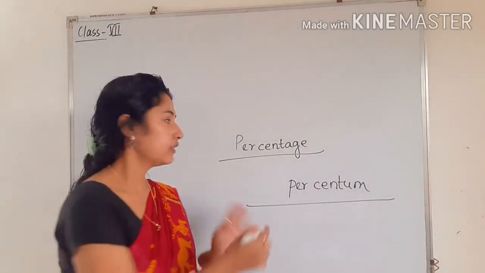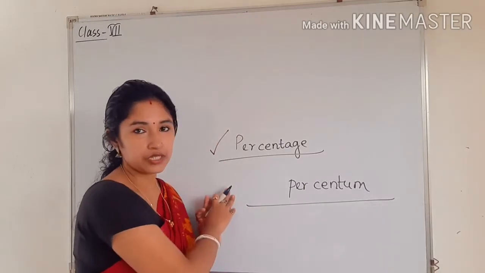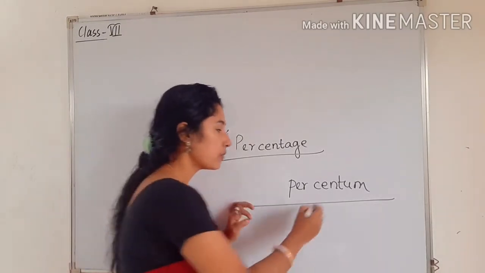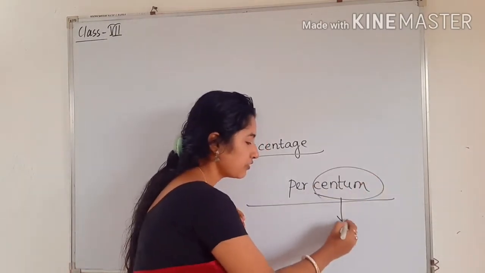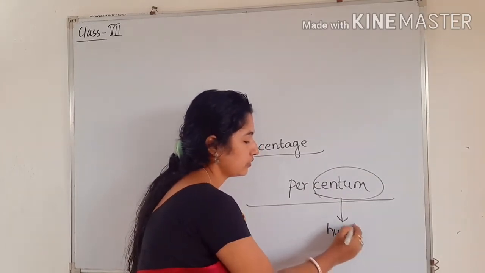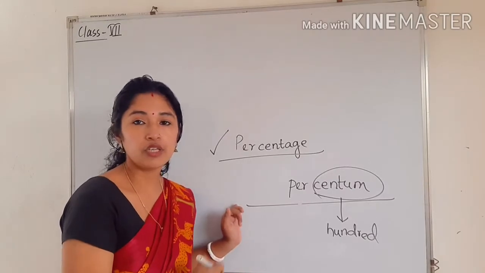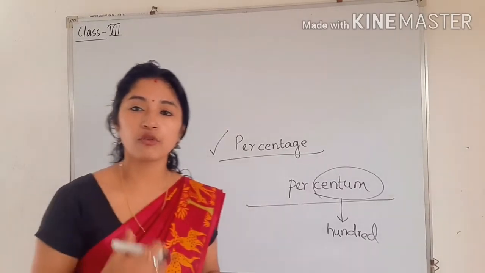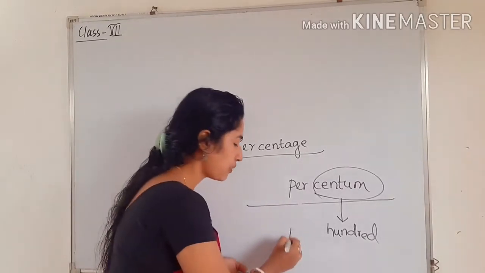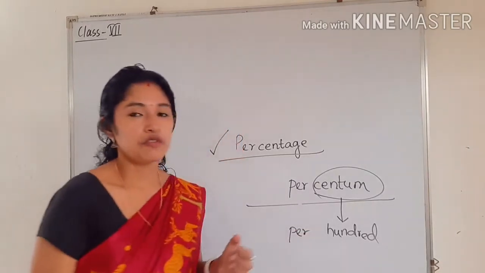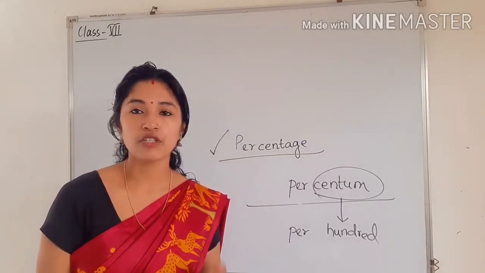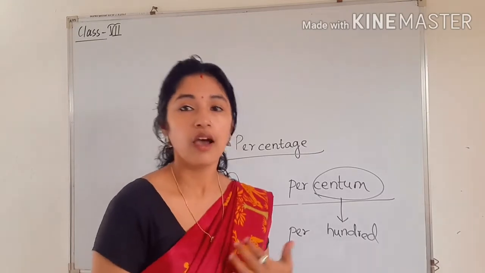From there this word, percentage, is derived. What is the meaning of centum? The meaning of centum is 100. And what is the meaning of per? Whenever we say per, that means we have to divide. So per 100. Whenever we say percentage, that means we are dividing that number by 100.